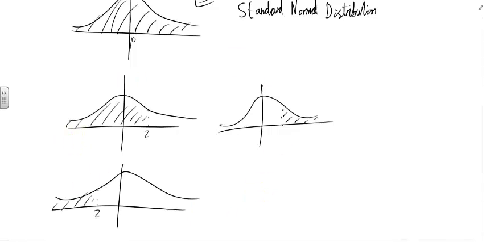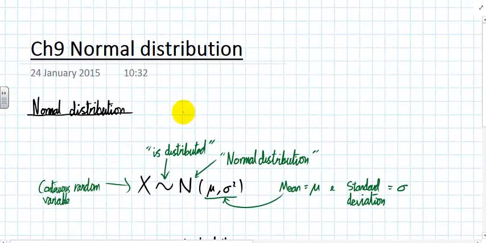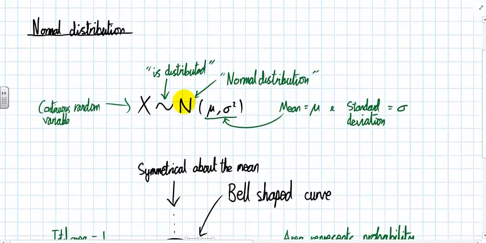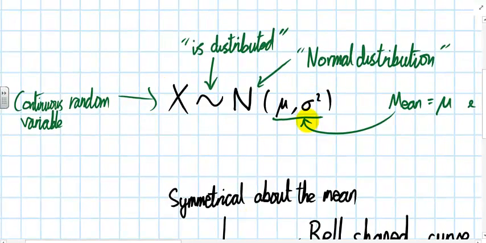For now, let's just make some notes about the normal distribution. So in your orange book, write down the title, Chapter 9, Normal Distribution, and the subheading Normal Distribution, and please write this at the center of your book: capital X, curly line, capital N, bracket, mu, comma, sigma squared.